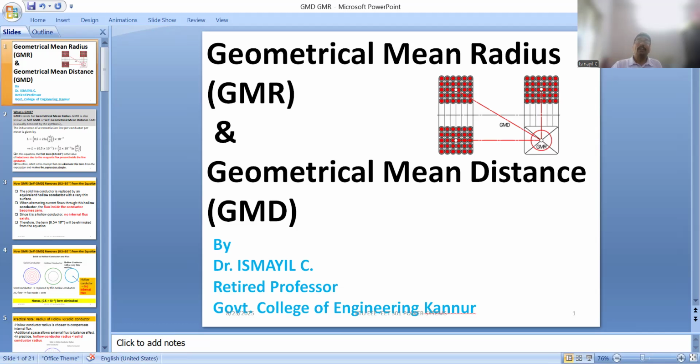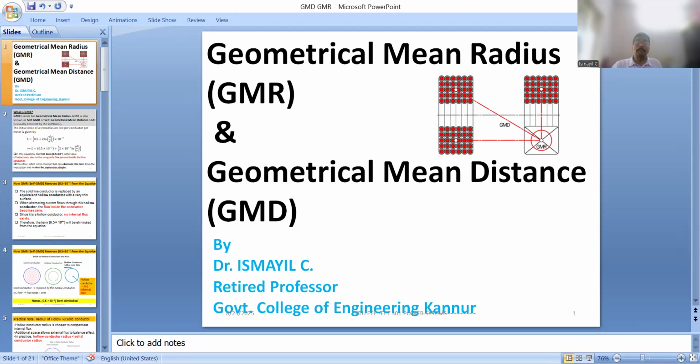So is it necessary to do this much accurate calculation, or can we simply neglect that radius? We will see. Nothing is mentioned about the arrangement of the conductors in the problem, so we can consider the bundle like this also.